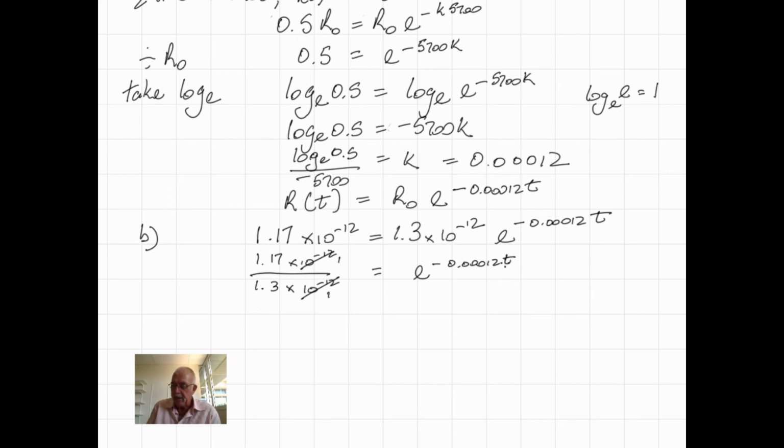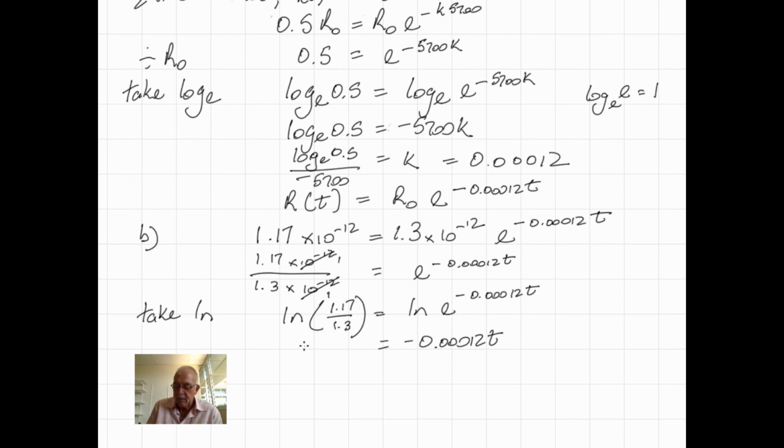The unknown is t, and it is in a power, so we take logs. So take ln, or log to base e, either way. So we've got ln of 1.17 over 1.3 equals ln of e to the minus 0.00012 t. Bring that round down to the front: minus 0.00012 t, and log to base e of e is just equal to 1, equals ln of 1.17 over 1.3.